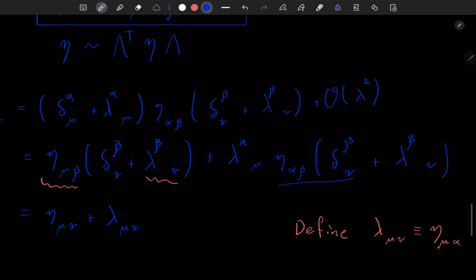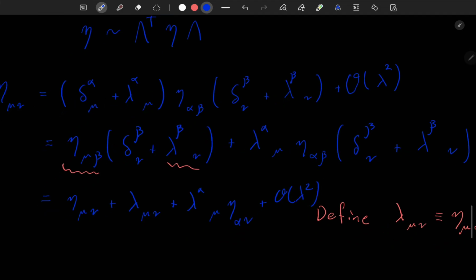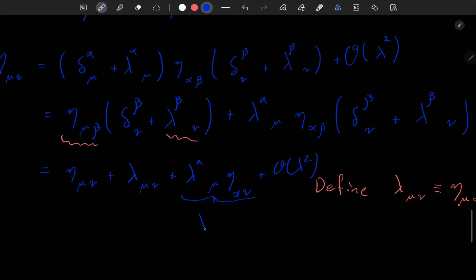Now, these two multiplied together give us another metric. And that metric is going to be alpha mu. And then we have our order lambda squared that we ignore. Now this right here, similarly, is going to be mu nu instead.